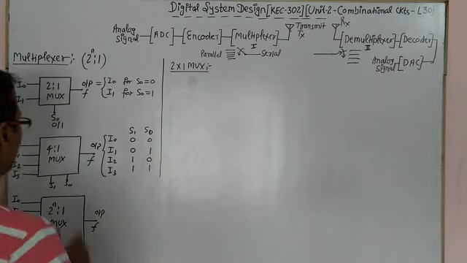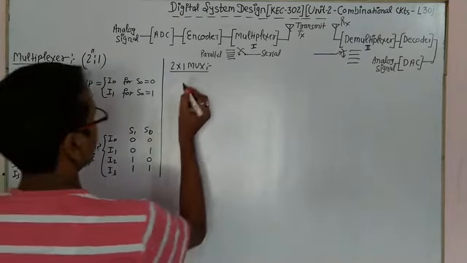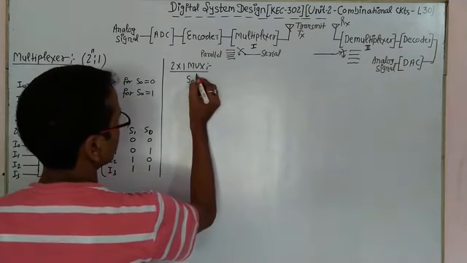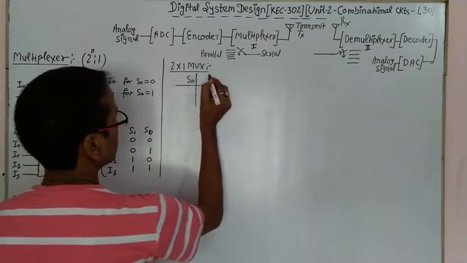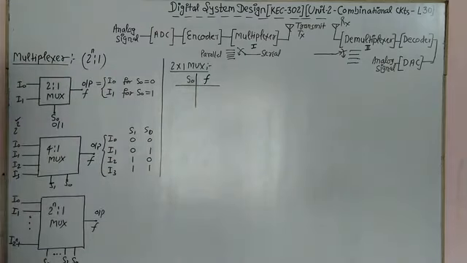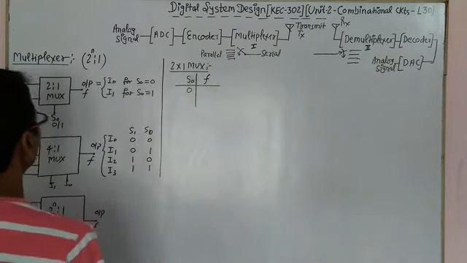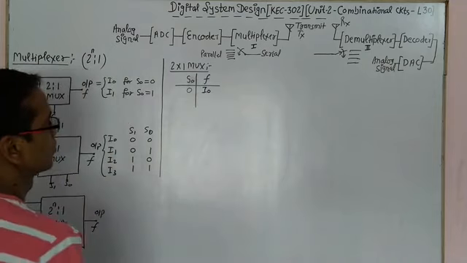We are choosing the input using this select line. So for this we have S naught, and the output is F. If we choose S naught value 0, then we will get output equal to I naught.